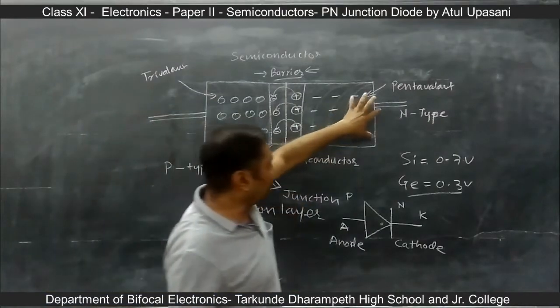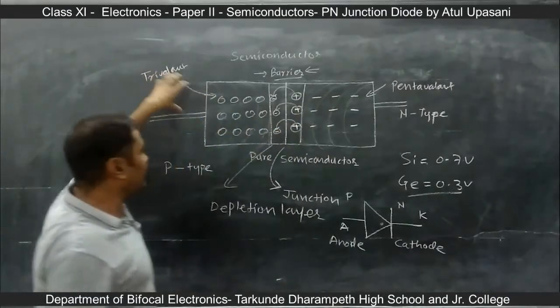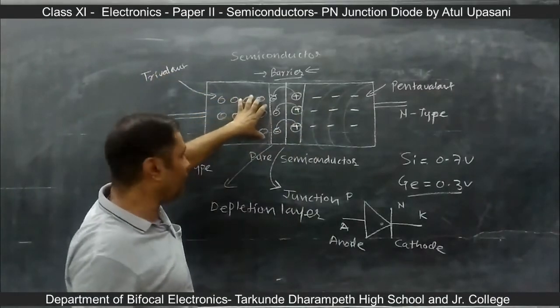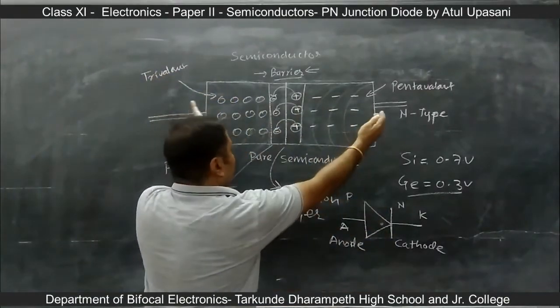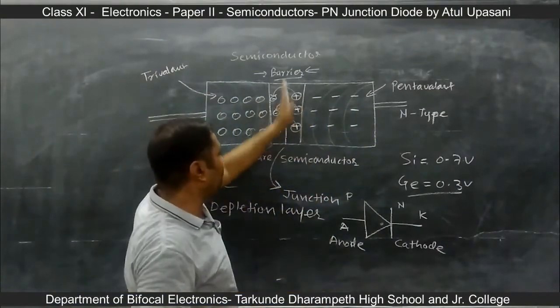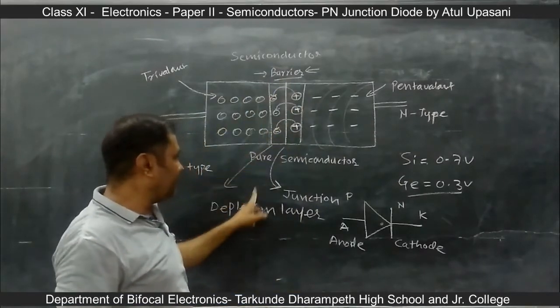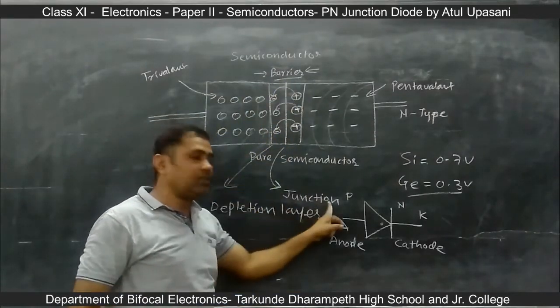So in this way, this side will convert into N-type material, and this side will convert into P-type material. After conversion, these two regions go on widening, and at one point they will meet together, and where they meet, that meeting point is called the junction.